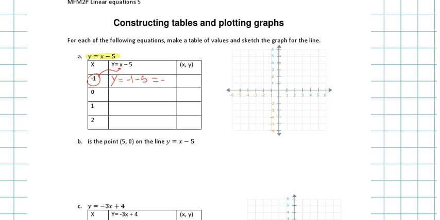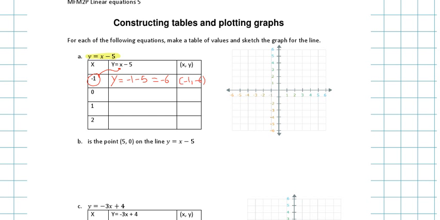So the x value is -1, the y value is -6. So my point is (-1, -6). Remember that a point has to be written in brackets with a comma between them. X goes first, y goes second.